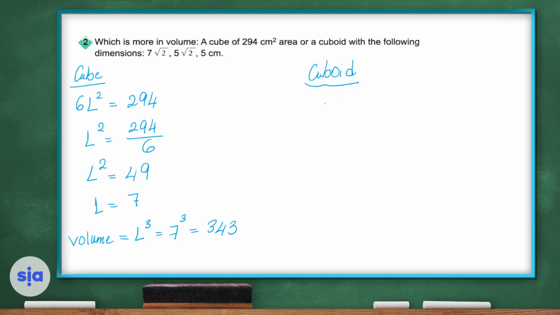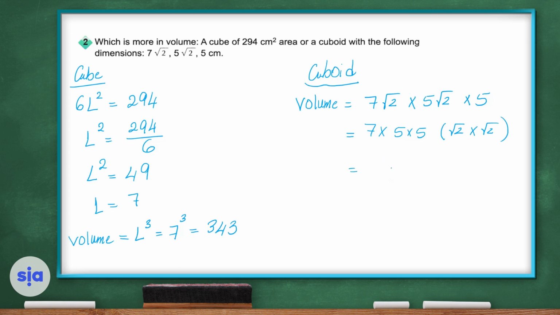Let's now work on the cuboid. We have the 3 dimensions of the sides, so the volume is 7 root 2 multiplied by 5 root 2 multiplied by 5. If we multiply these together, it will be 7 times 5 times 5, and then root 2 times root 2.